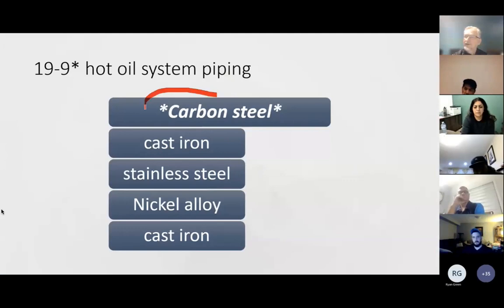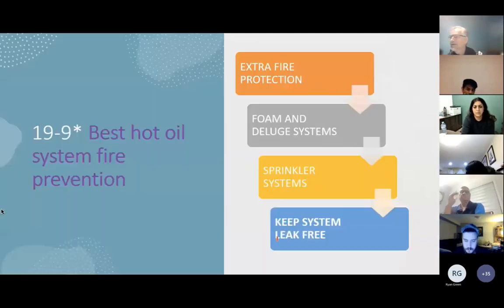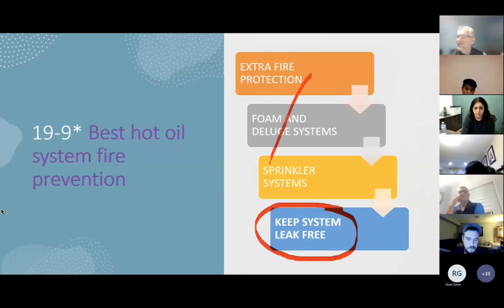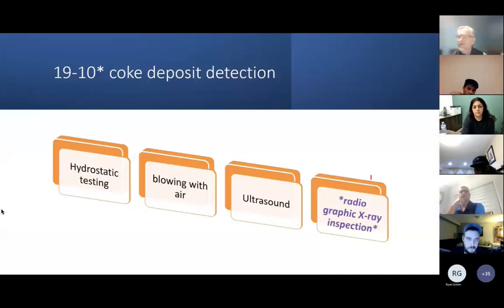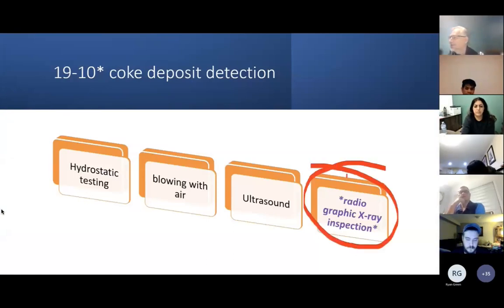This type of system has carbon steel piping. And to fight a fire, don't have a leak at the start of it. Keep the system leak free. If you suspect coke deposits, we're going to do x-rays.